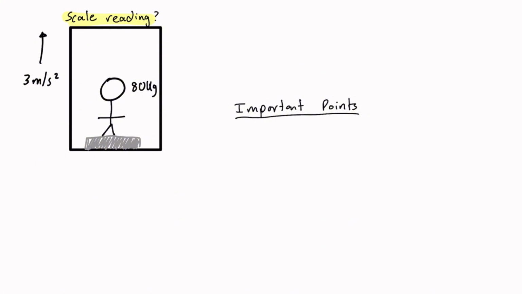The first being that the scale reading in newtons is equal to the normal force exerted on the person on the scale. The second is, if Fn, or the reading on the scale, is greater than mg, that means the acceleration is upwards.